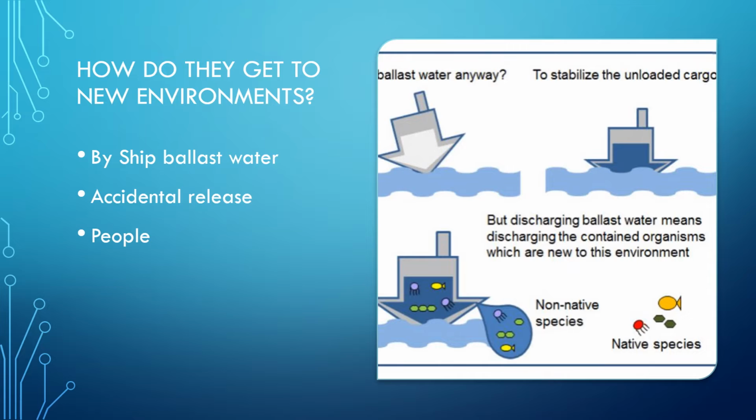People use species like fish and crayfish as bait, and they also grab and transport them for pets. Wildlife also transports, like birds, they grab food out of the water and drop them somewhere else. So those are a few examples of how they get transported to different areas.